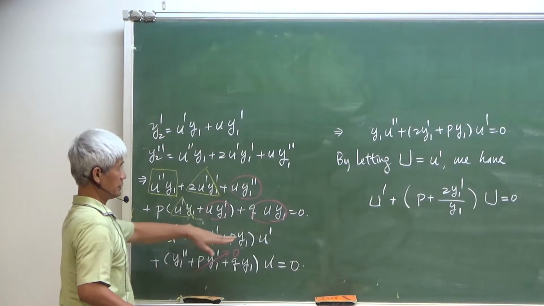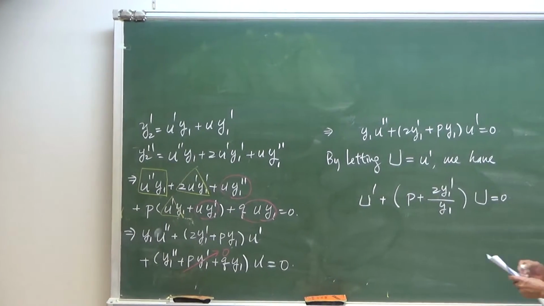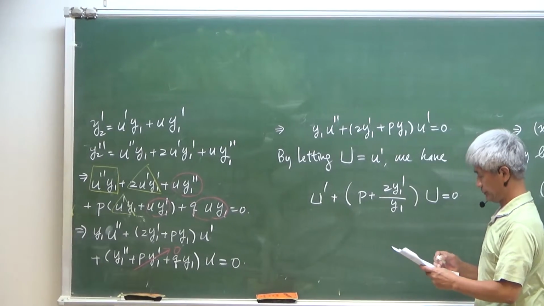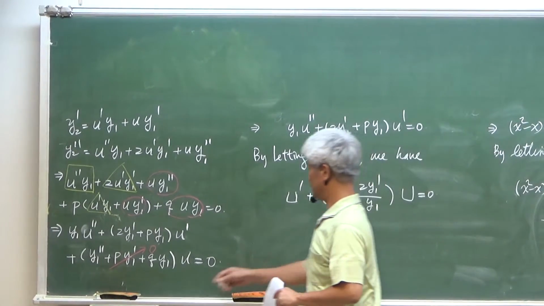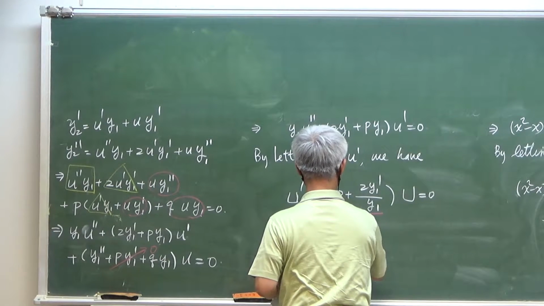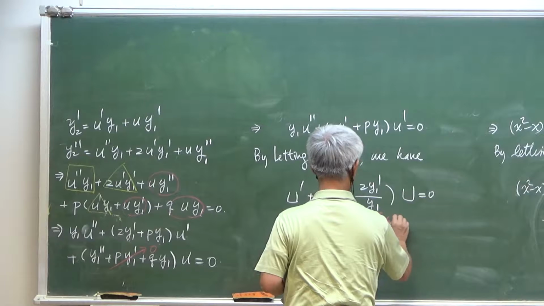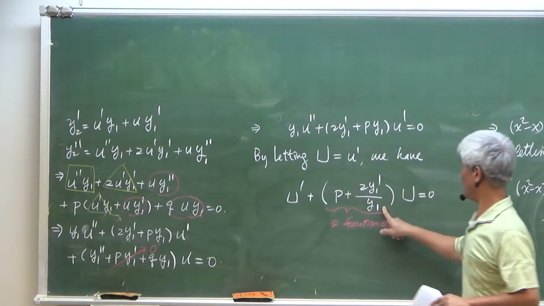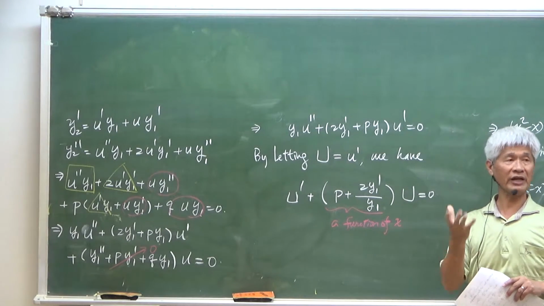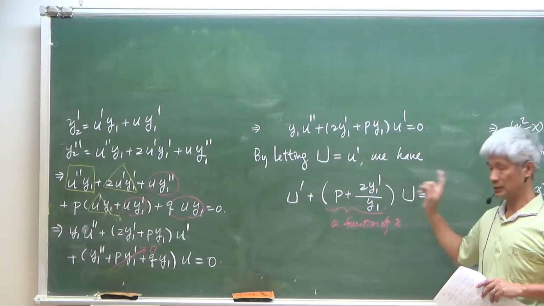You have w prime plus (p plus 2 y1 prime over y1) w equals 0. Remember, this coefficient is a function of x only, right? Because y1, y1 prime, and p are functions of x. So they are all functions of x.